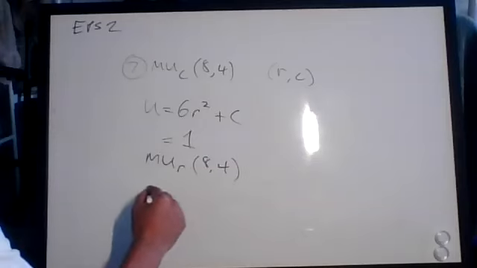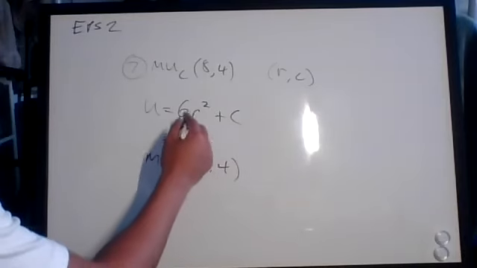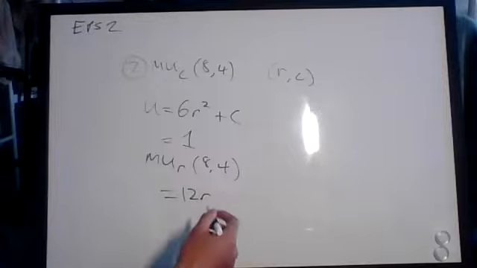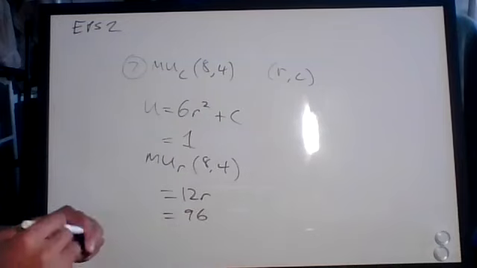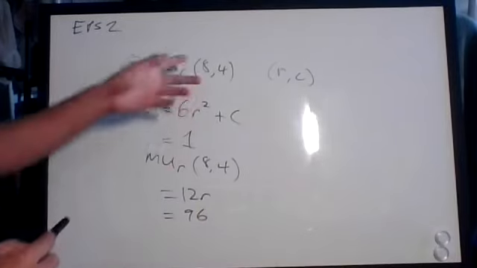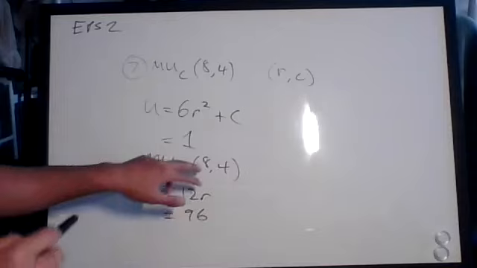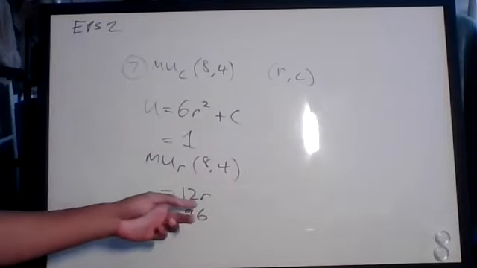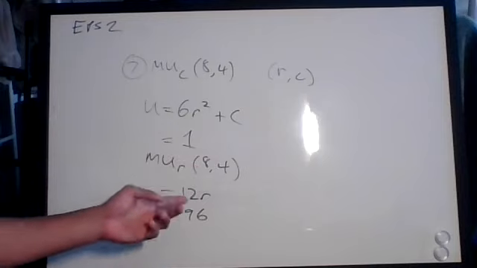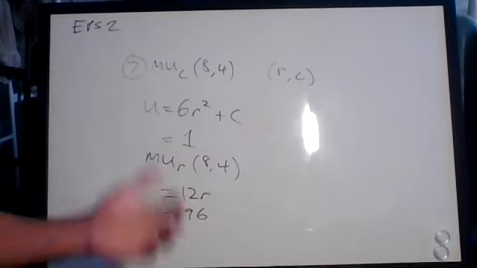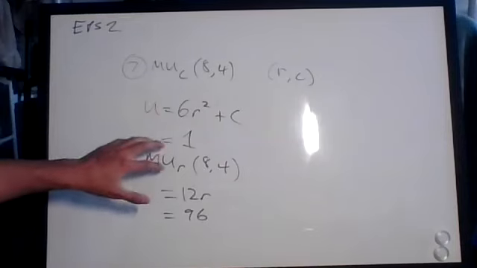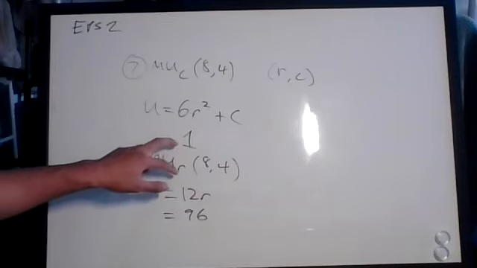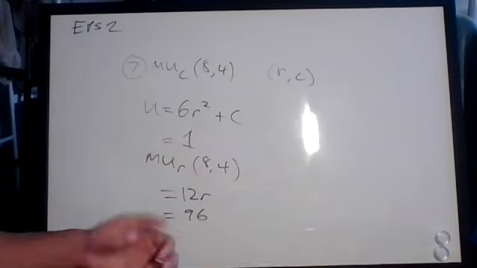I would have gotten 12R, and I would plug in 8 for R, so I would get 96. Depending on your values for R, say R is 0, then your marginal utility is 0. But say R is 1, now your marginal utility is 12, and so on. It depends on what you get for your marginal utility, and whether it has variables within the marginal utility function.